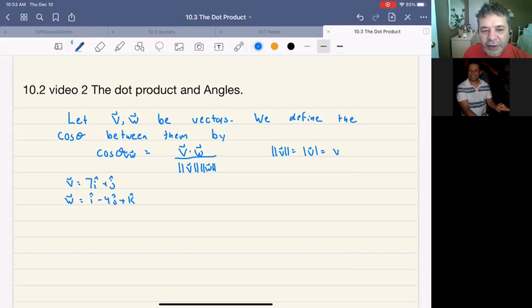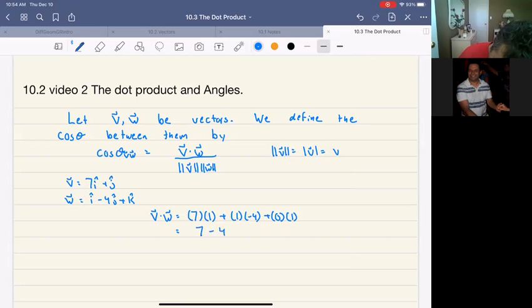All right, so let's find V dotted with W, and we're going to find the cosine of the angle between them. So V dotted with W is then going to be, of course, 7 times 1 plus 1 times negative 4 plus 0 times 1. That's going to be 7 minus 4, 3.